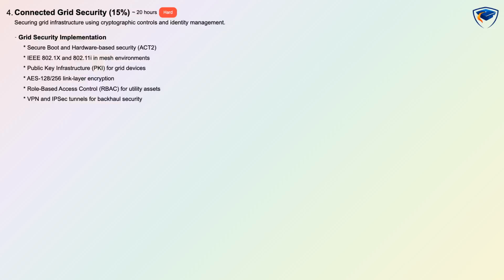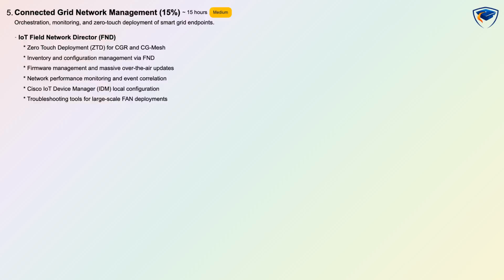requirements. Connected Grid Security is 15% of the exam, rated hard with about 20 hours of study and a mix of conceptual and scenario-based questions. This domain teaches how to secure grid infrastructure using hardware and cryptographic controls, beginning with secure boot and hardware protections and extending to link layer encryption such as AES 128 and AES 256.